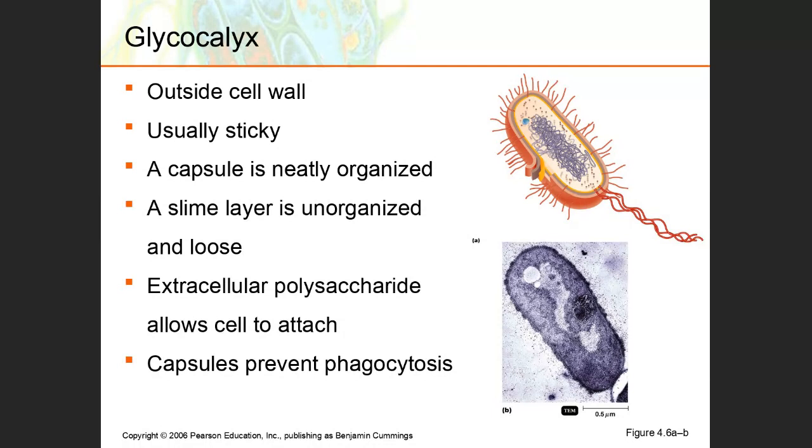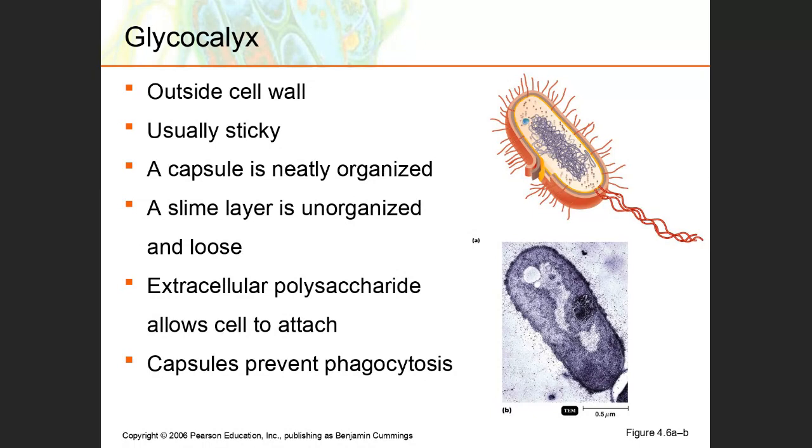But a capsule is normally a thick, well-organized layer of polysaccharide. So it's thick, it's organized. It is sticky, and it also serves a protective function for those bacteria that have a capsule.